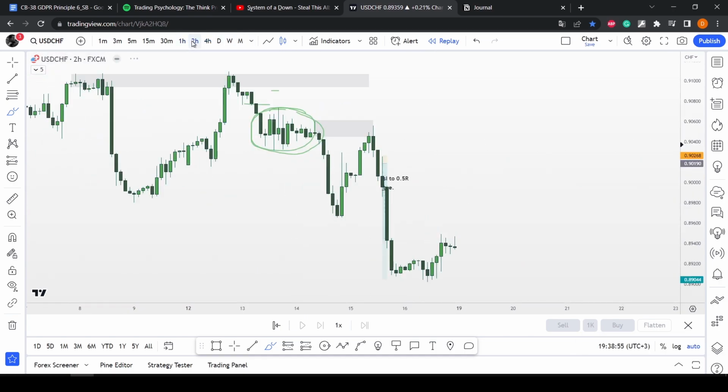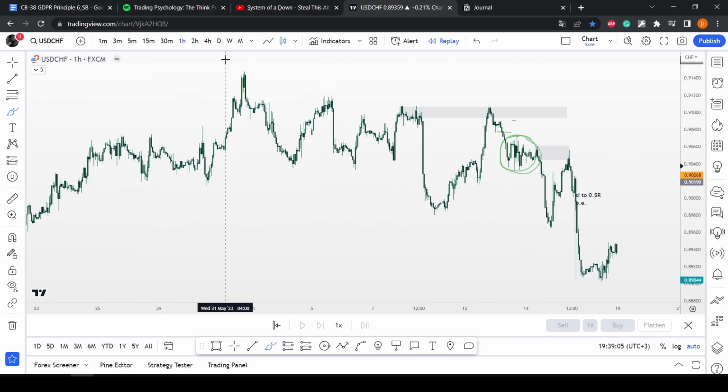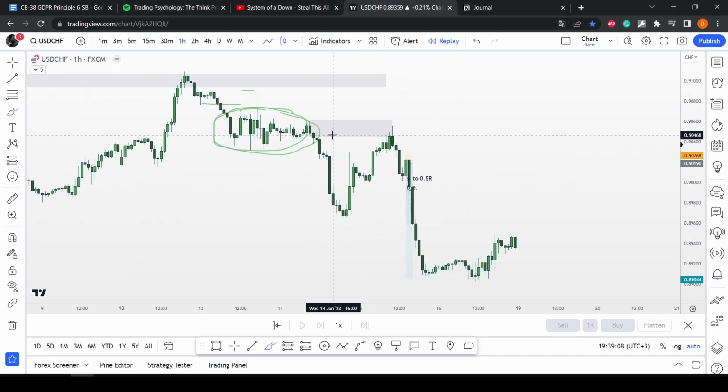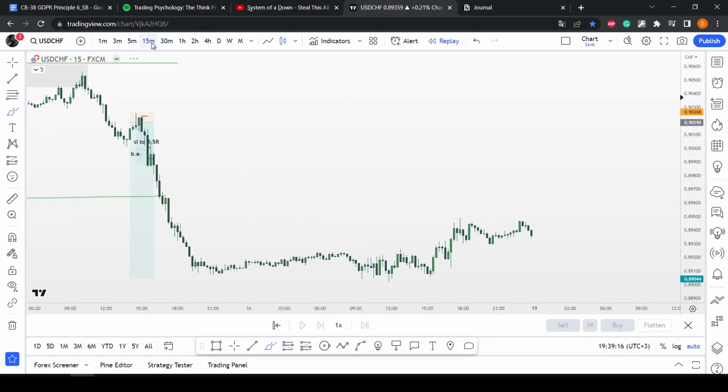And here is how it looked on 2 hours. So we have a really clear move here, pullback and the start of the movement to the downside. Here as well, we just have distribution, redistribution, and by the way, a structural range on 1 hour with a pullback and start of the move.